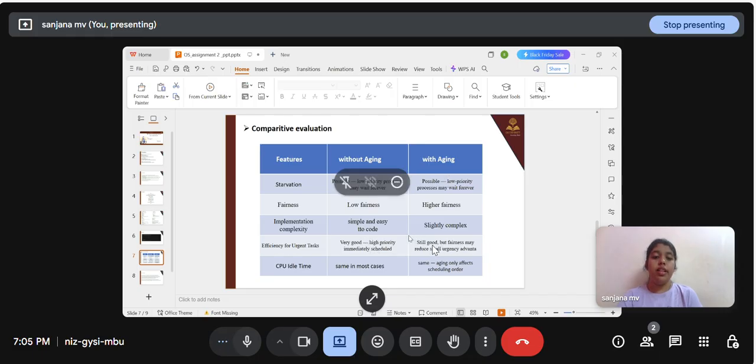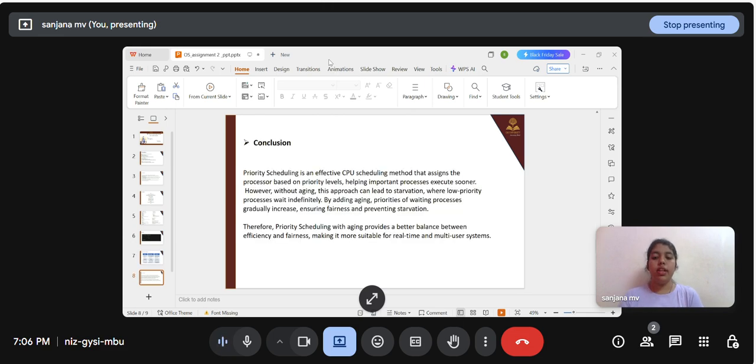With aging, it is still good, but fairness may reduce the small urgency advantage. Coming to CPU idle time, with and without aging it is the same in all cases. Aging only affects the scheduling order.